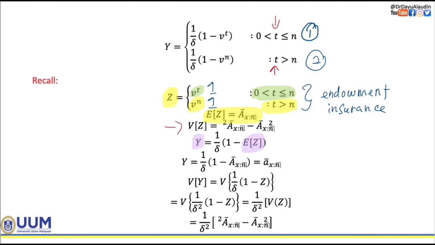From the expected value of insurance, we can also get the annuity using this formula.